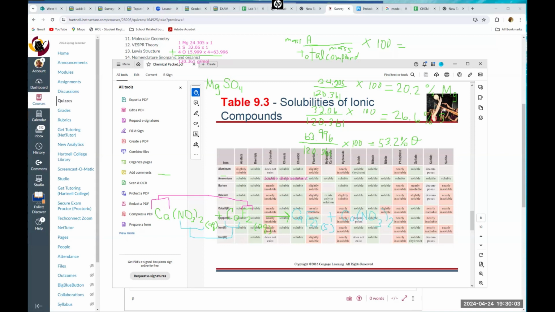That's going to be aqueous, because we know that all nitrates, we look over here, are always going to be soluble. You guys see that?